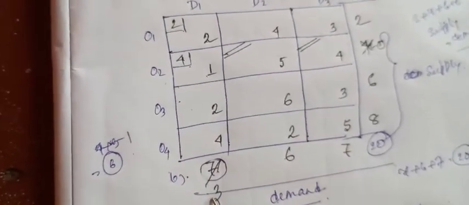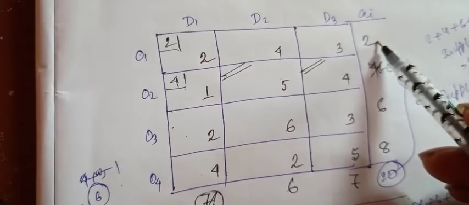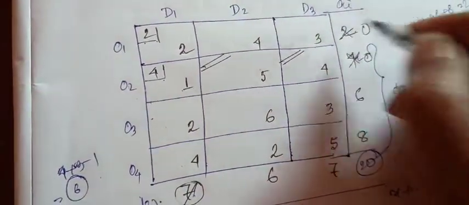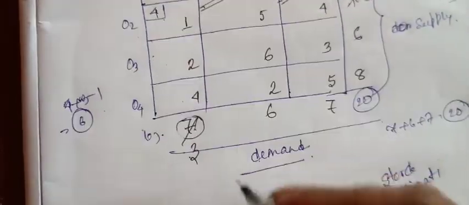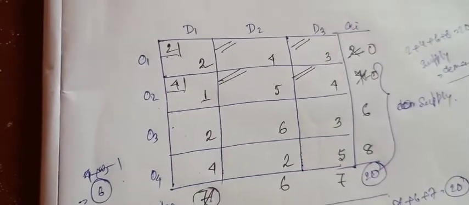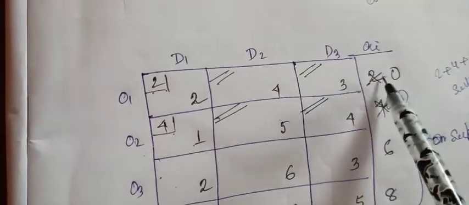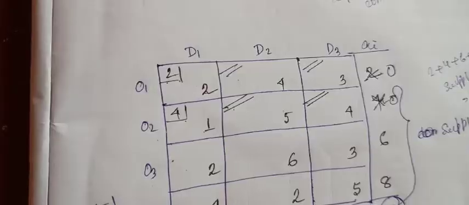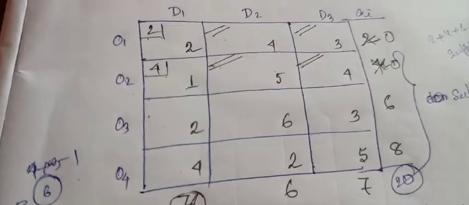The demand is 3 and the supply is 2, so we give the supply 2. Now this 2 converts to 0 and the 3 converts to 1. Since the supply is less than the demand, this row is now exhausted. Now only O3 and O4 are left.